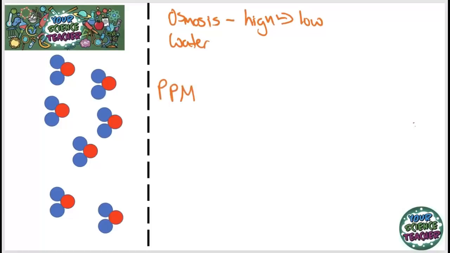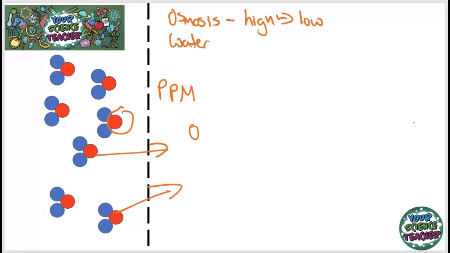Now, if we have a look here, I've got lots of water on this side of my screen here, but I don't have any water on this side of my screen here. So what's going to happen is the water is going to move over until they are in equal concentrations on both sides.